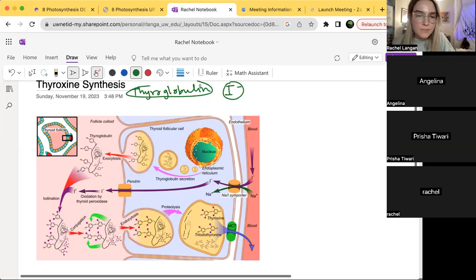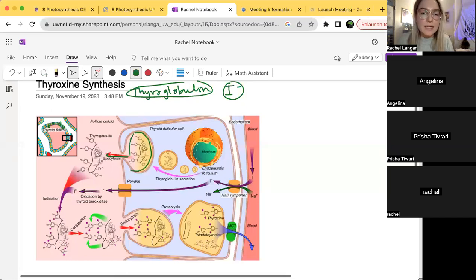So in the thyroid, you have these little follicle cells here, and you have the inside lumen, and both are going to be involved in the synthesis. In the follicle cell, we make thyroglobulin, which is right here, and then we send it out into the lumen. So we're going to end up putting together thyroglobulin and iodide in the lumen. So that's how we got thyroglobulin out there.